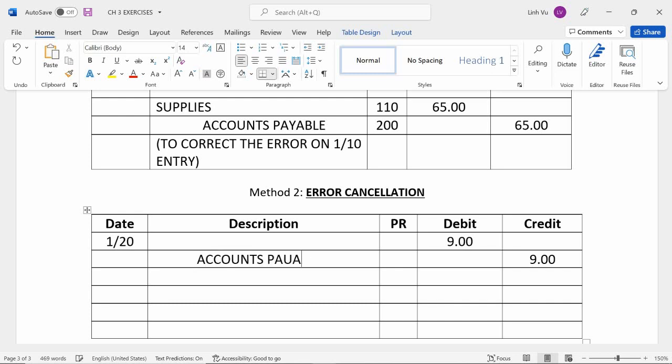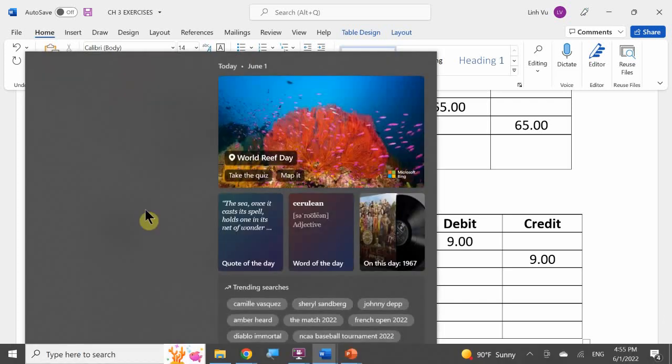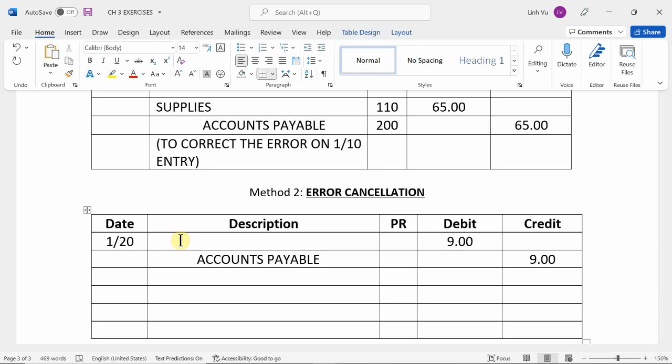Good. See, you already made your first mistake because you said accounts payable goes first. You would have subtracted $9 from your accounts payable. So for this kind of case, I would make another error trying to fix my first error.